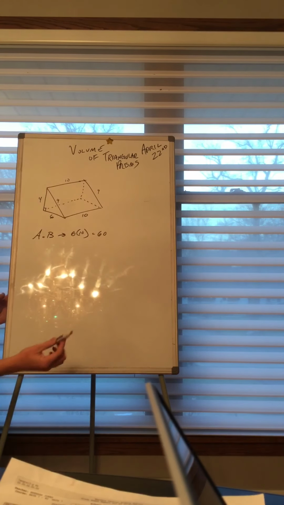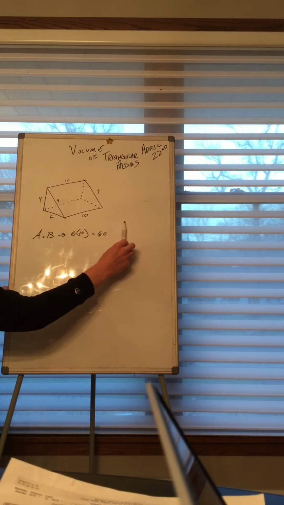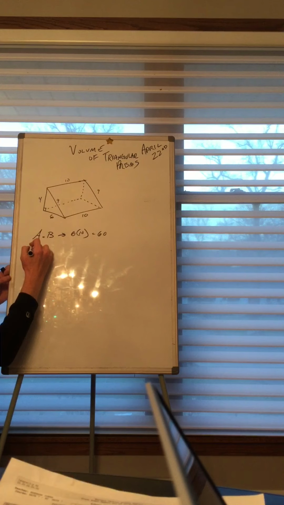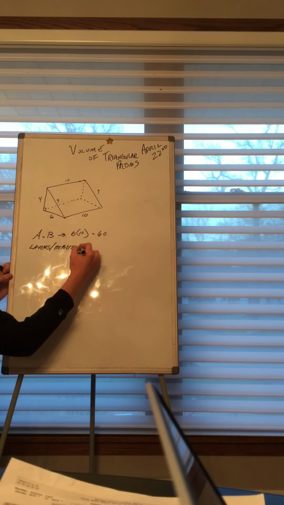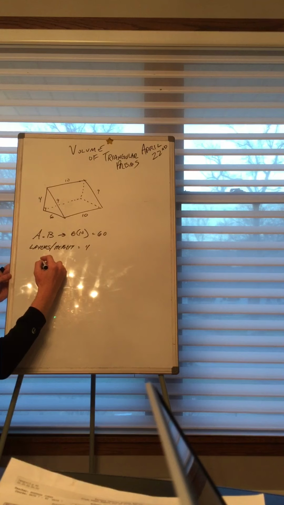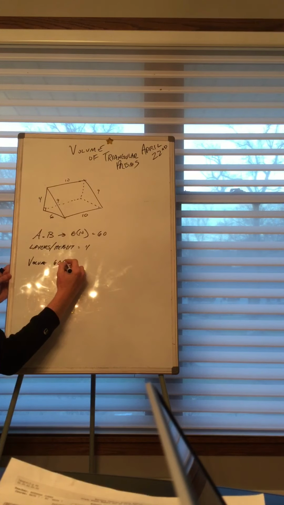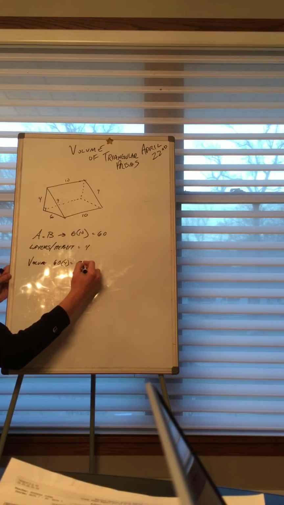You wouldn't go to the doctor and have the doctor measure your height leaning. It has to be upright, so our height is 4. So our layers slash our height is 4. So we would say the volume would be 60 times 4, which is 240.